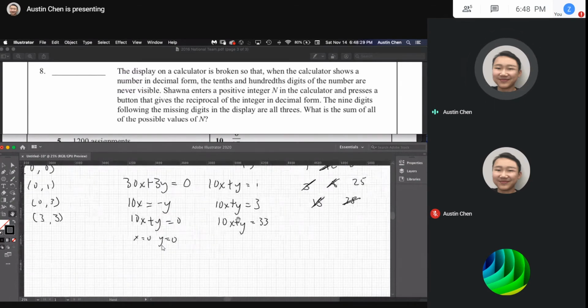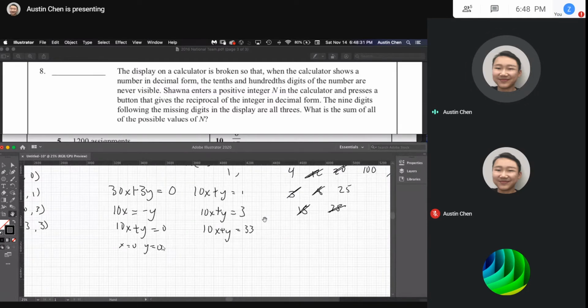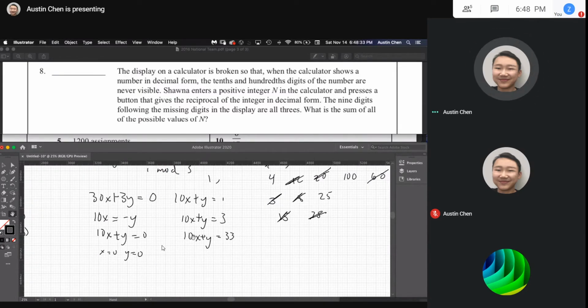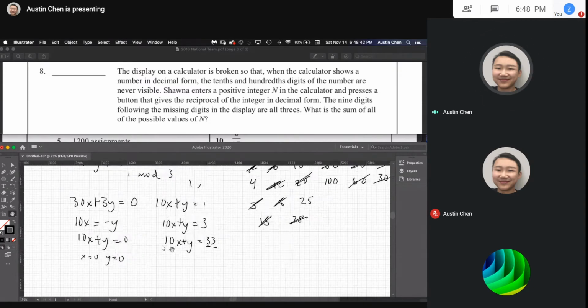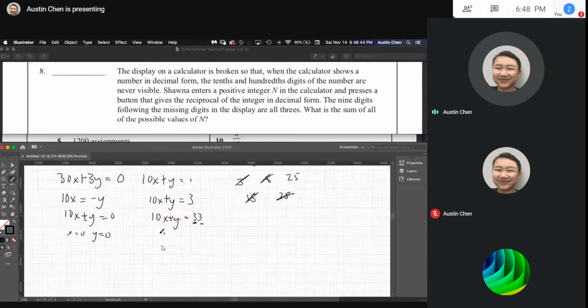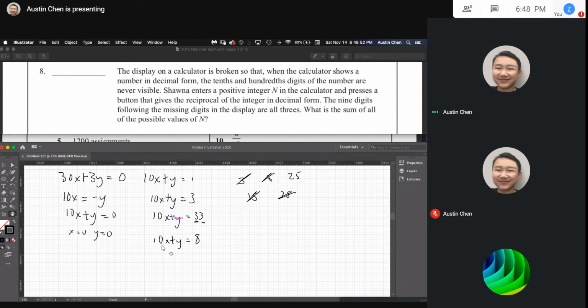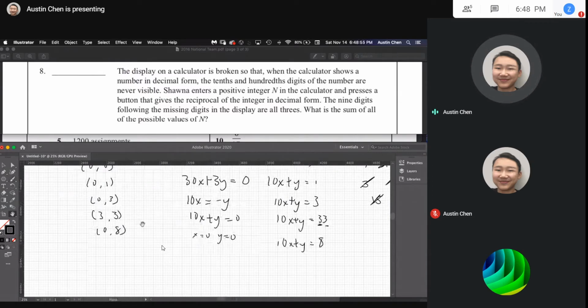And for all of these, we can see that there's actually only one case, because x has to be the tens digit and y has to be the units digit. And then 25, it's going to be 10x plus y equals 8, which means that it's just going to be 0, 8. All right, so those are all of our possible cases.